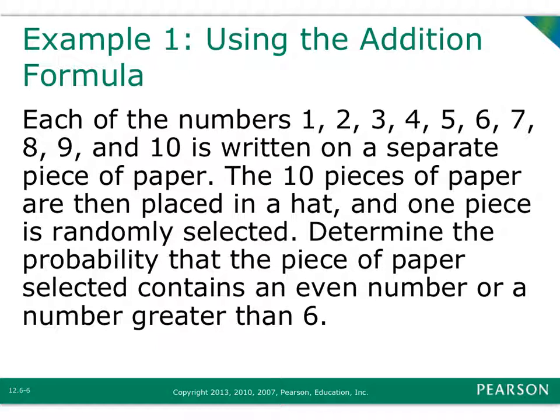So suppose we have the following. Each of the numbers 1 through 10 is written on a separate piece of paper. The 10 pieces of paper are then placed in a hat, and one of the pieces is randomly selected. We want to determine the probability that the piece of paper selected contains an even number or a number greater than 6.